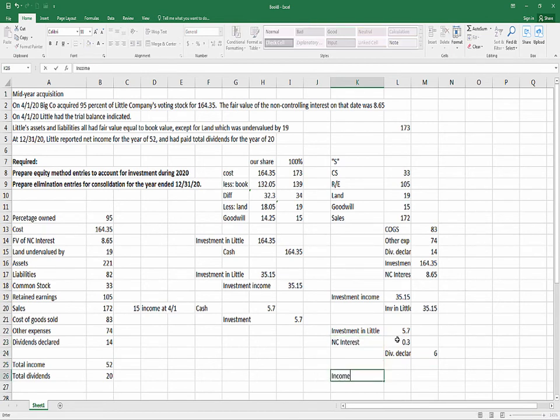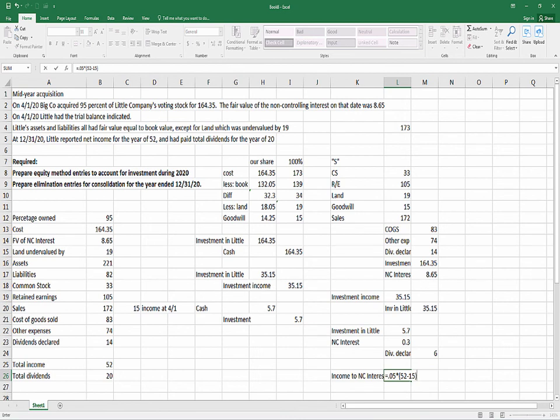Lastly, we have the income to the non-controlling interest. Just as in our investment income we had our share, 95% of the post-acquisition earnings, the income to the non-controlling interest is going to be their share, 5% of the post-acquisition earnings. Again, so 0.05 times, total income for the year was 52, of which 15 was earned prior to acquisition.